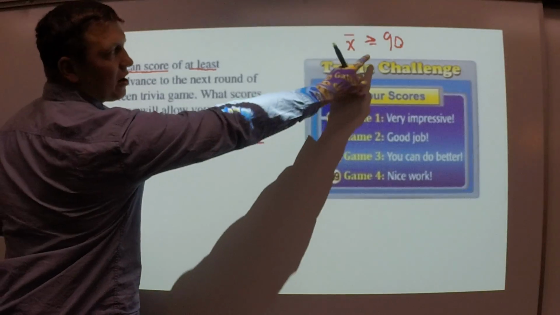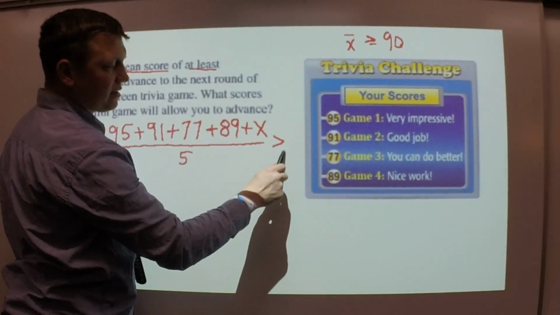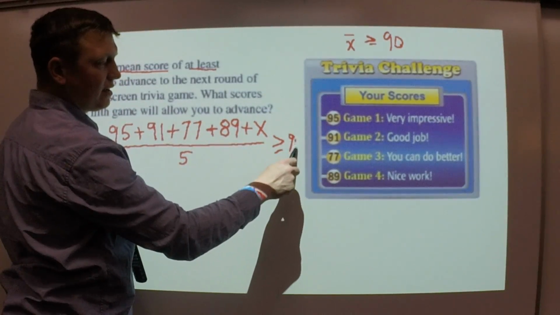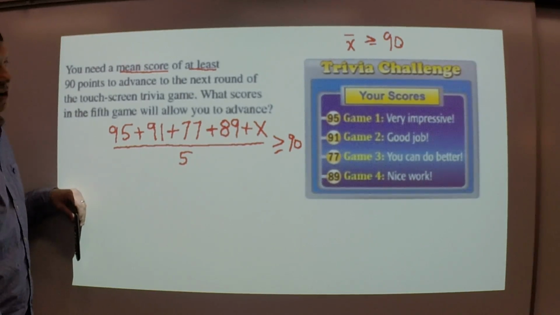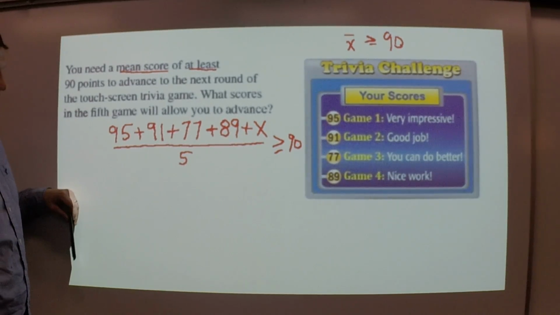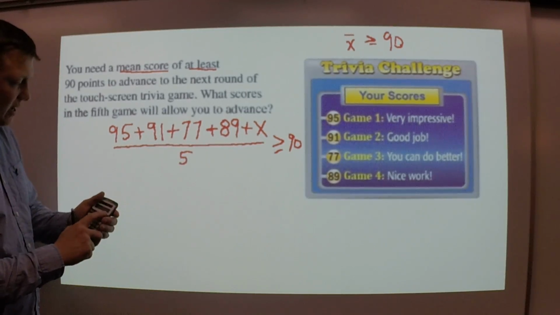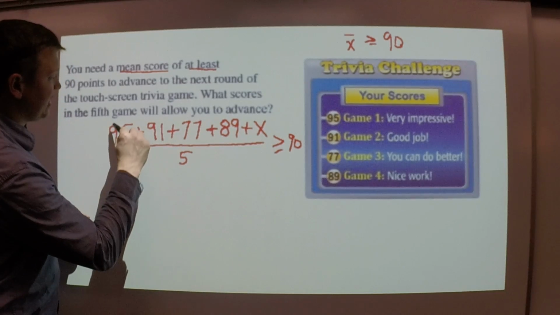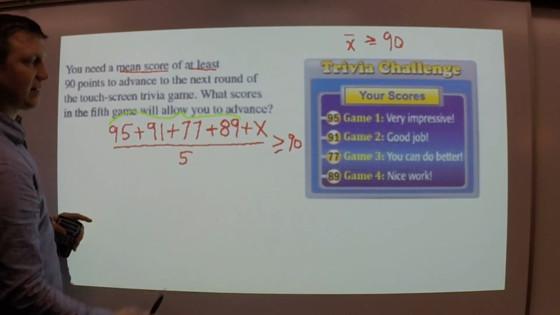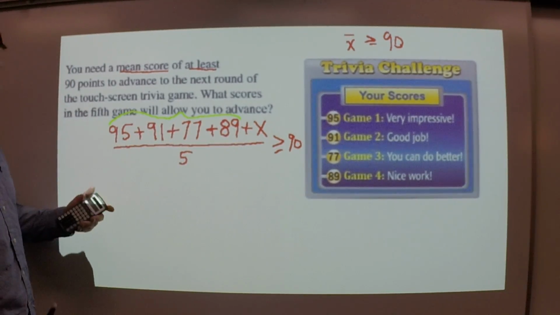And I need it to be larger than or equal to 90, because that's the score I need in order to advance. I need an average score to get to the next round of trivia. Okay, add them all up. So what I like to do is condense these ones. I sort of like to condense all those so that it gets smaller.